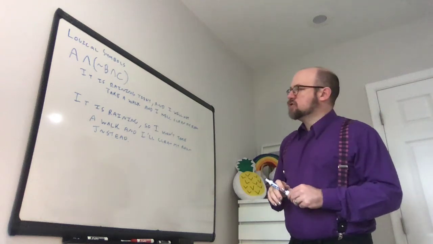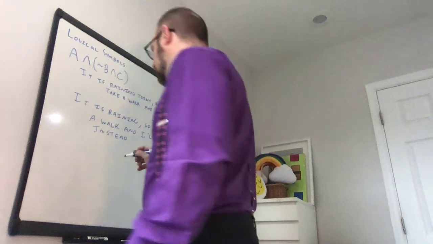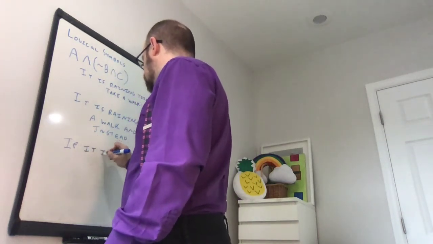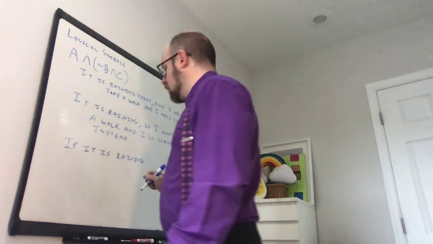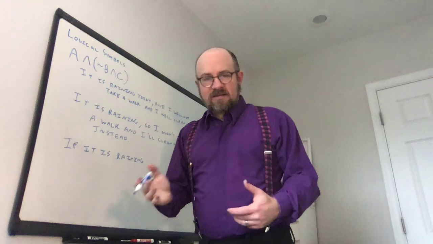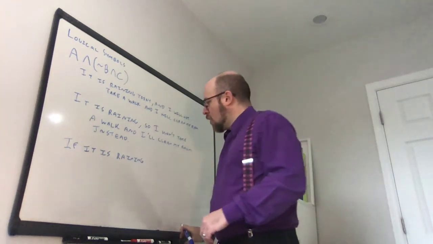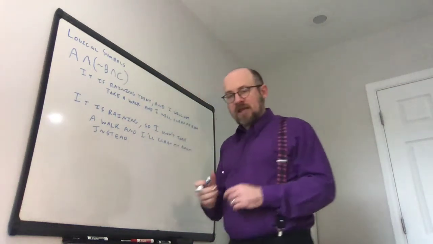So if you change the meaning, if you did something like, if it is raining, right? Then you're moving into something that's more like a conditional statement. Remember, we talked about those. Or if you said every day it's raining. And then we start to change the meaning, okay?